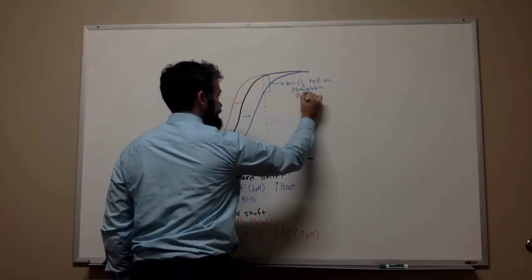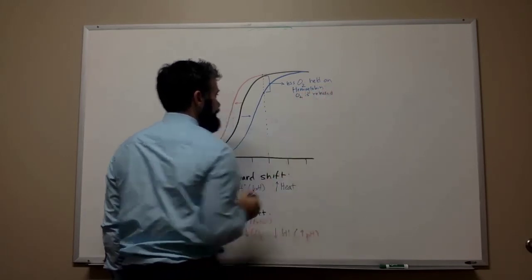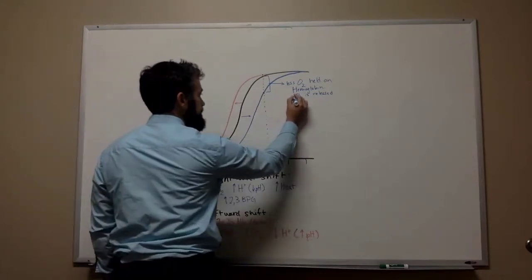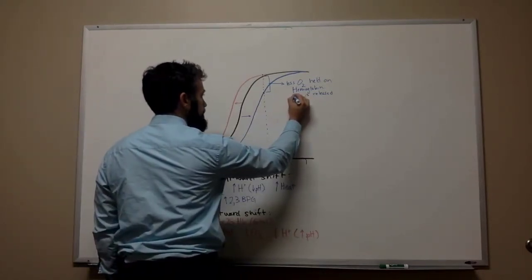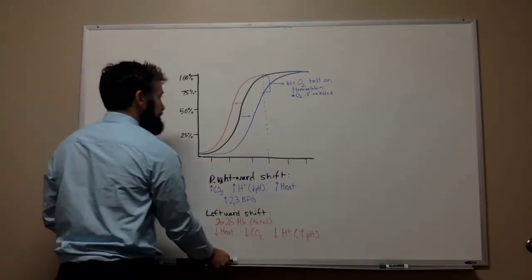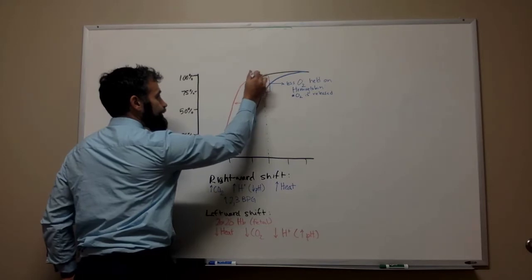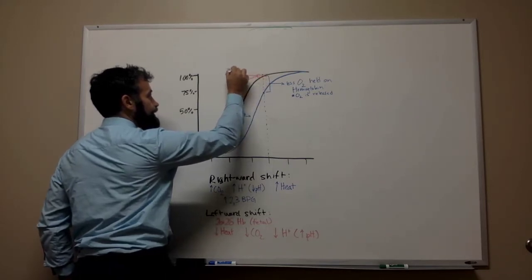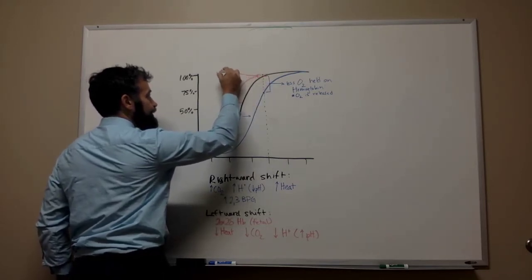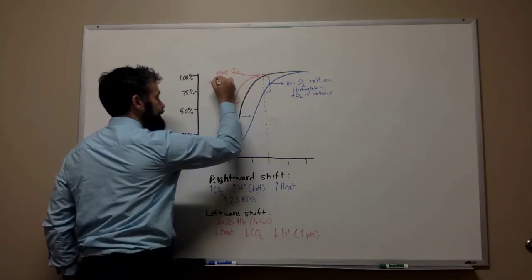Now that's good when you're looking at all of the different factors, and I'll talk about that in a little bit, but essentially when you have respirating tissue, then you're going to have more oxygen that is available to that tissue. It's dropped off at the tissue. Now a leftward shift would make it so that at the same level of oxygen, there's more oxygen that can be held onto by hemoglobin.